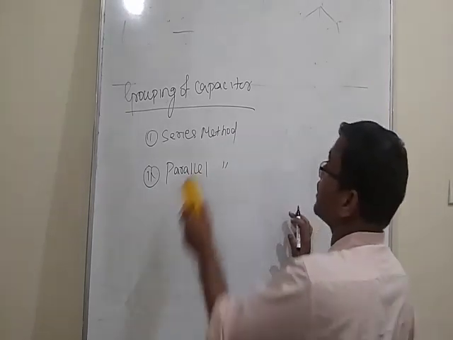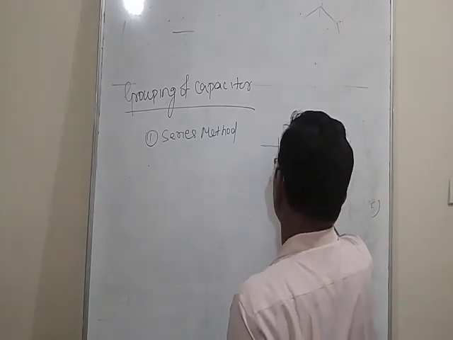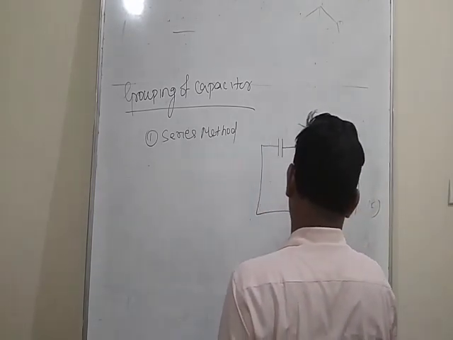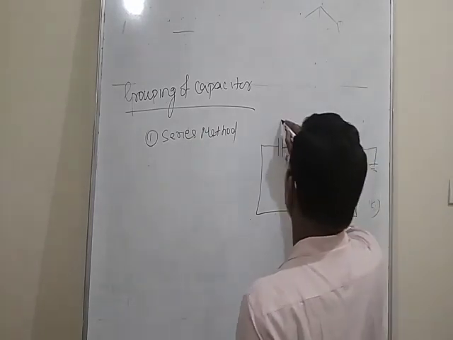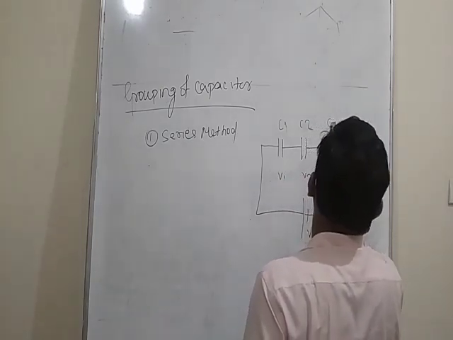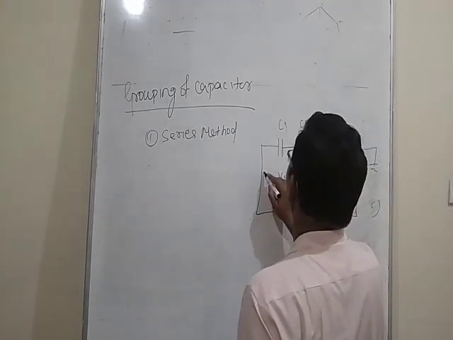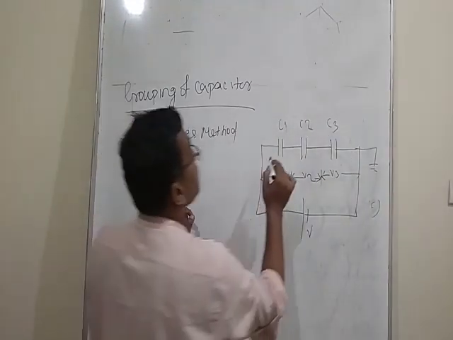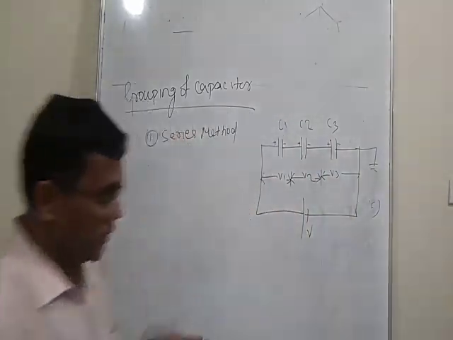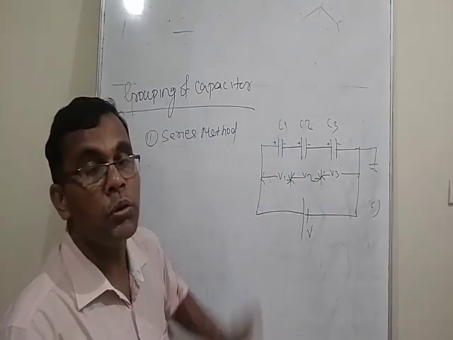First let us see what the series method of grouping is. How can we group the capacitors in series? Let three capacitors C1, C2, C3, whose potential differences are V1, V2, V3, be connected in series with each other.